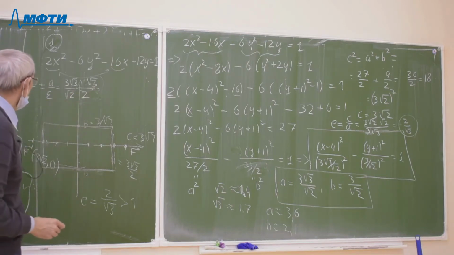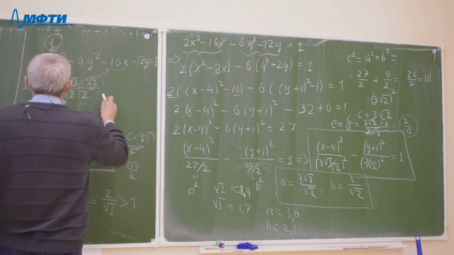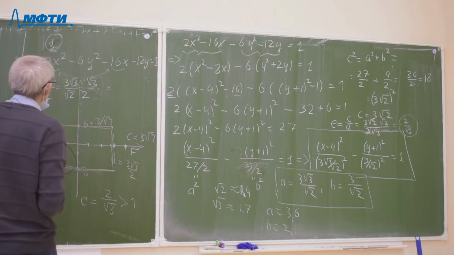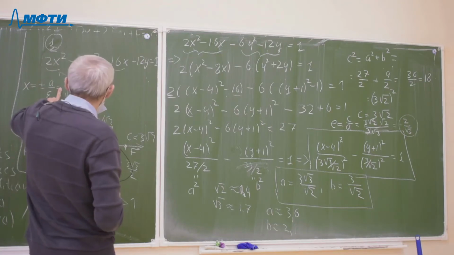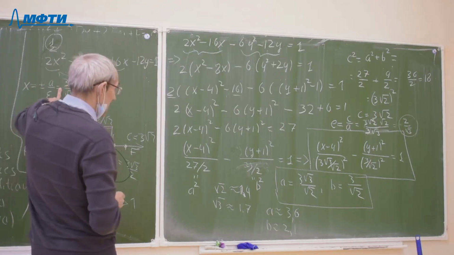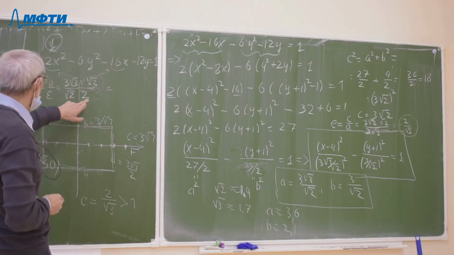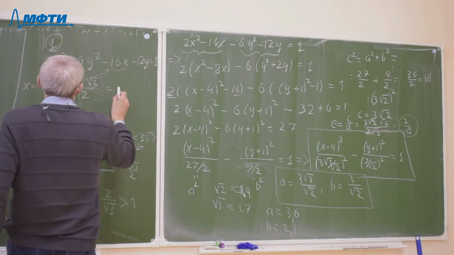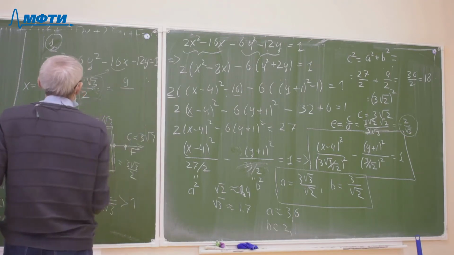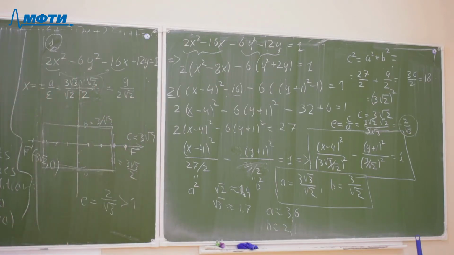And I obtain the following expression: the ratio 9 over 2 times root.